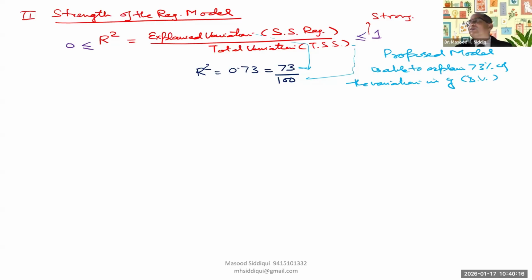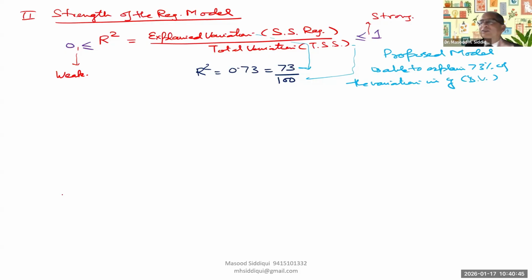Anyway, if the values are near to 1, we can put them as strong, and if the values are near to 0, we can say that our model is weak. But it is always better to express this R square in terms of the percentage of the explained variation. Hopefully it is clear to all of you. Yes, this is also known as the coefficient of determination.